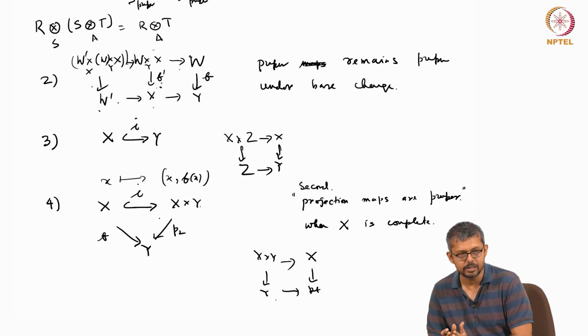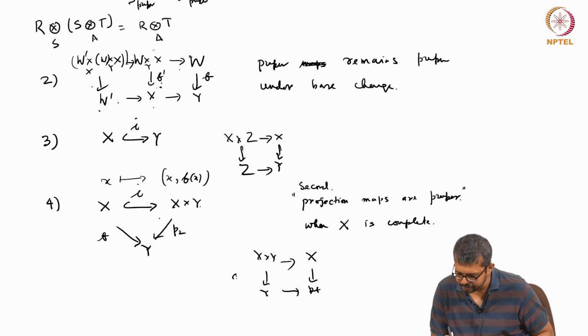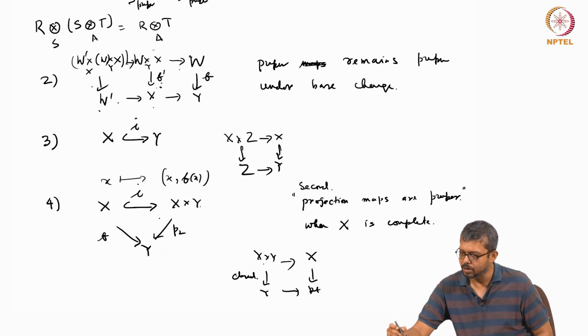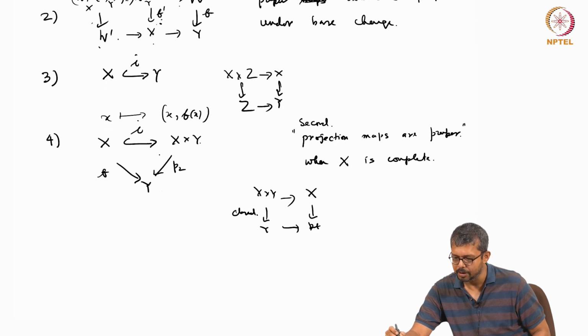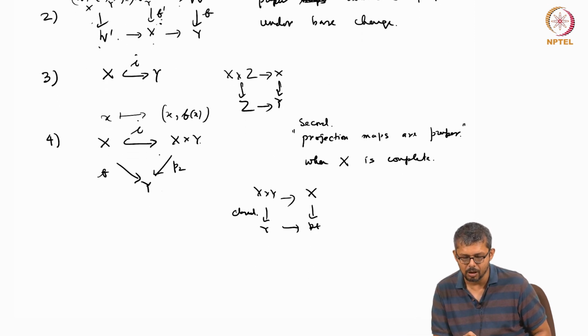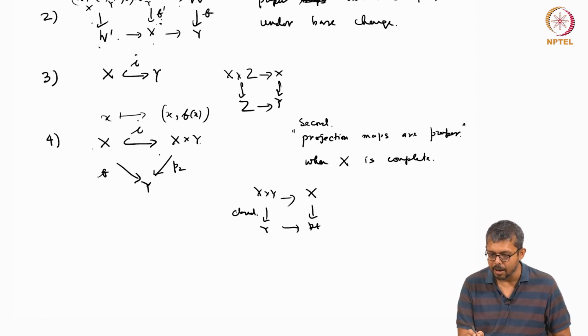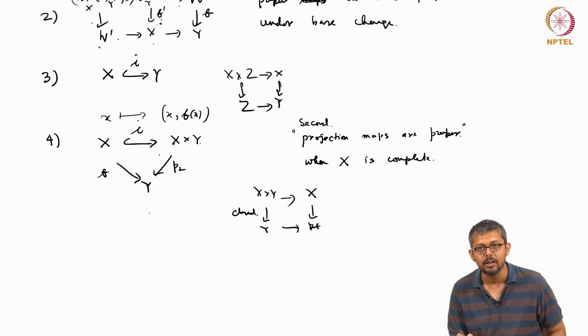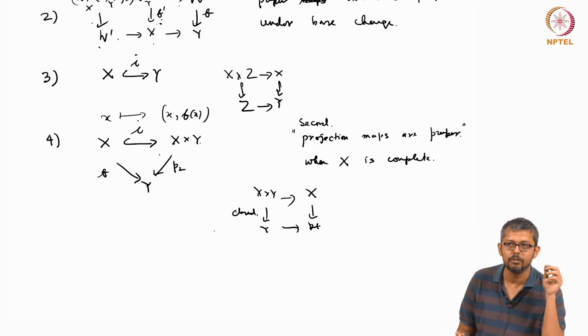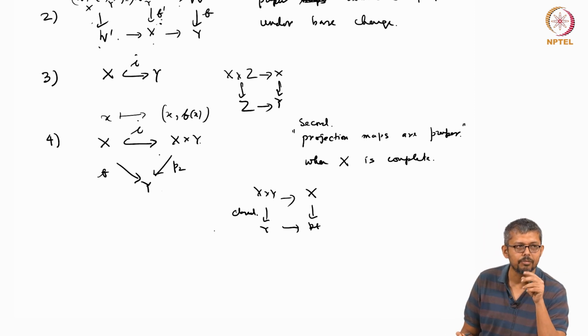So that will say that this is a proper map. So if x is complete, then the projection maps are proper. So that will say that any map from a complete variety to any y is proper. So in summary, any map f from a projective variety, we will see that projective varieties are complete, to any y is a proper map.